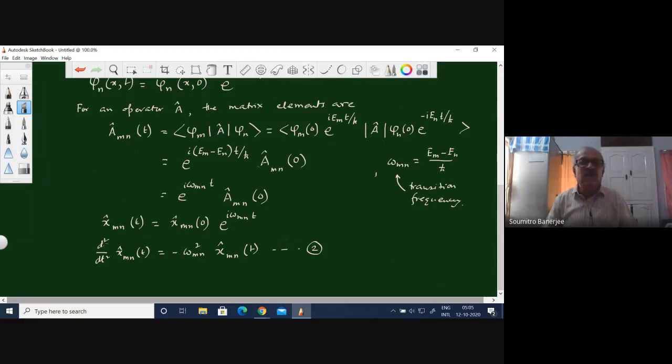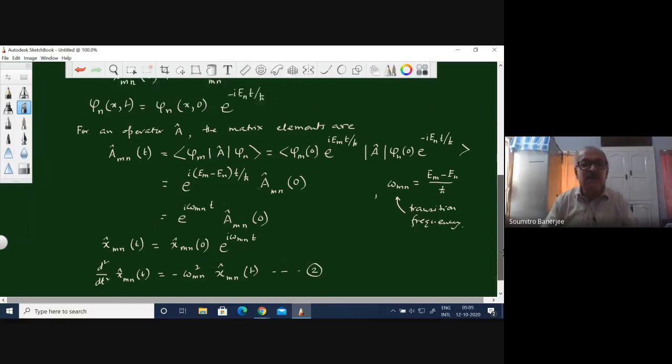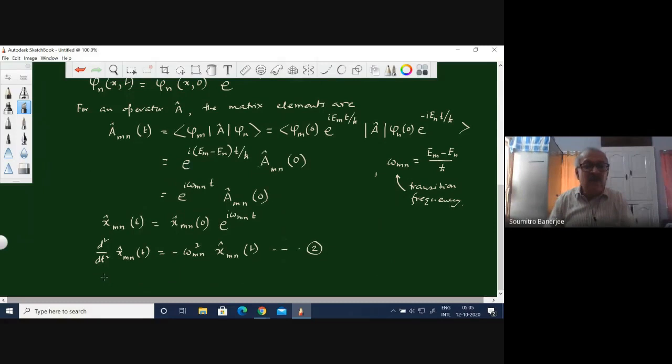So what we do is we subtract 2 from 1. So what we get is, this will disappear. So it is only with this. So omega mn square minus omega square, times x mn in the matrix at time t equal to 0.